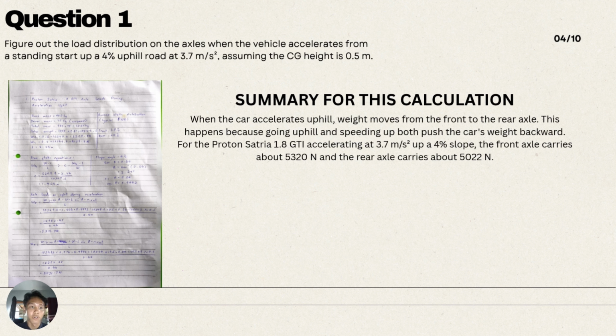So for question one, we figure out the load distribution on the axles when the vehicle accelerates from a standing start up a 4% uphill road at 3.7 meters per second squared, assuming the CG height is 0.5 meter. So here is the calculation.